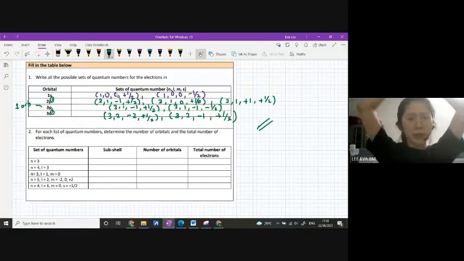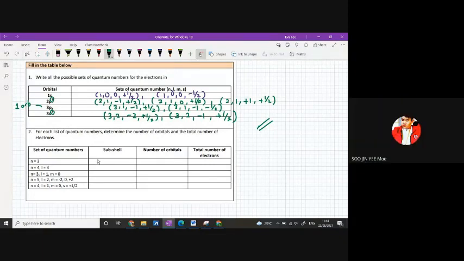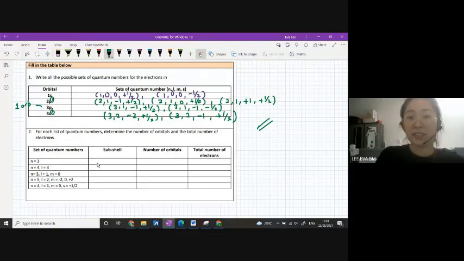Right, for question number 2, for each list of quantum numbers, determine the number of orbitals and the total number of electrons. So ini cuma nak ulang kaji sahaja kan? Okay. Like subshell, when n equals 3, how many subshells do you have? You will have 3s, 3p, and also 3d.